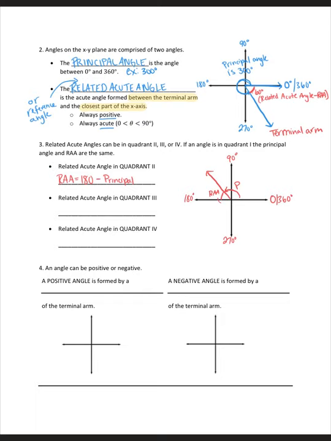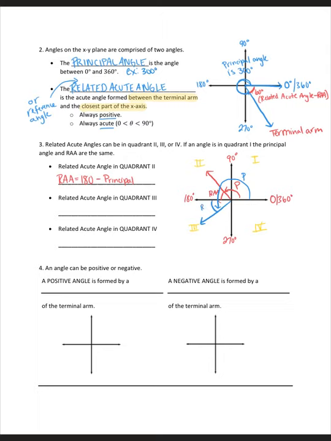If my principal angle was in the third quadrant, so let's actually, before we do that, let's label our quadrants again so we remember. So this is quadrant 1, quadrant 2, quadrant 3, and quadrant 4. So we remember when I'm saying quadrants where I'm talking about exactly. So if we had our principal angle in quadrant 3 like that, I'm going to call that my principal angle. Well, our related acute angle is made, again, with our terminal arm and the closest part of our x-axis.